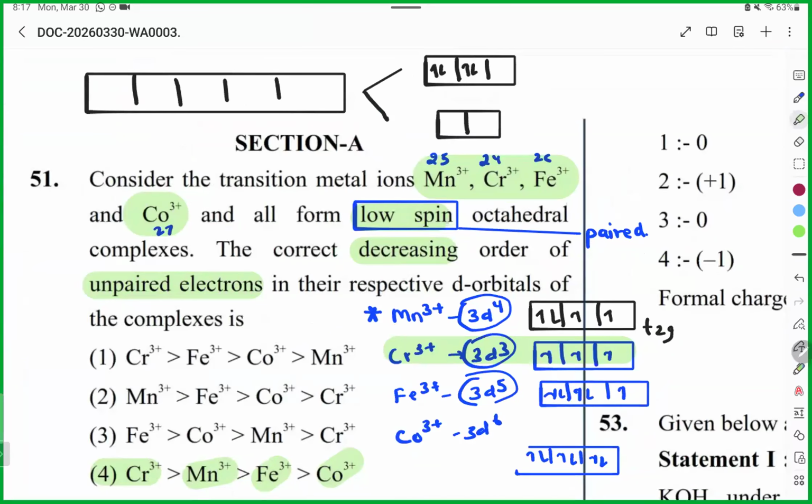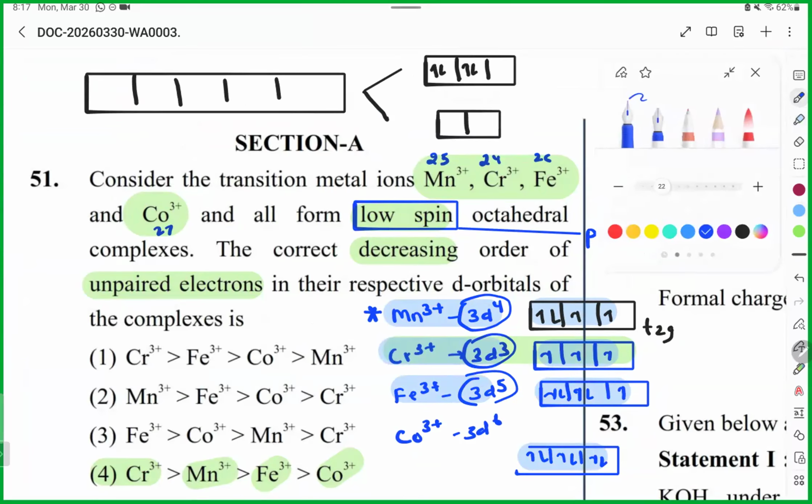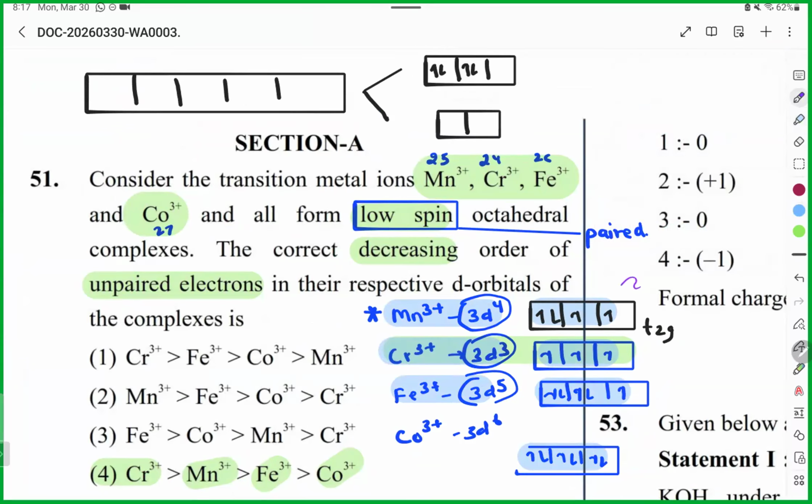Okay. So first, you write the electronic configuration of all the elements. After writing the electronic configuration, you will see the number of unpaired electrons in each. In the first element, manganese, you have 2 unpaired electrons. Here 3 unpaired electrons. Here 1 unpaired electron, and here 0 unpaired electrons. Yes or no, guys?